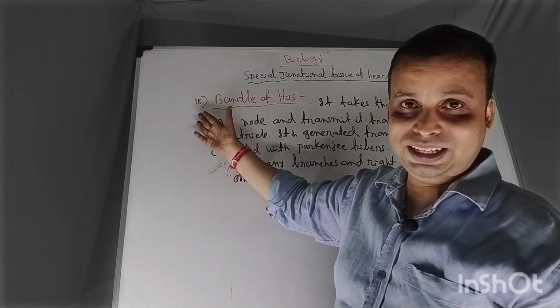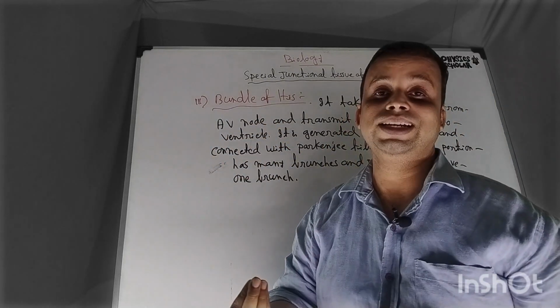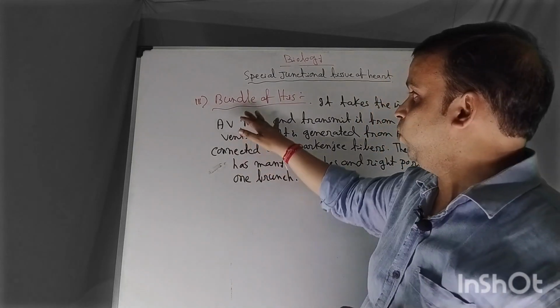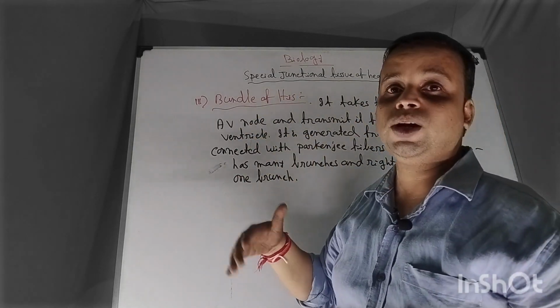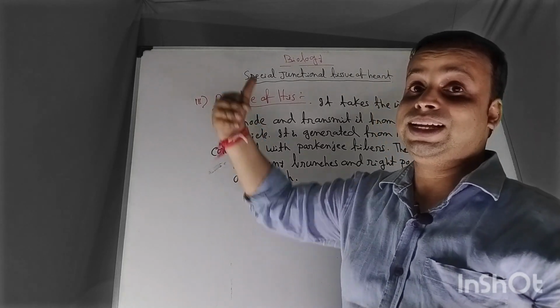Now the thing is that if both the SA node and AV node cannot create impulses, then another supportive system is there: this bundle of His can also create the impulses for support, clear? If both SA node and AV node are not working, then it can also create the impulses, but not as many as they can create.